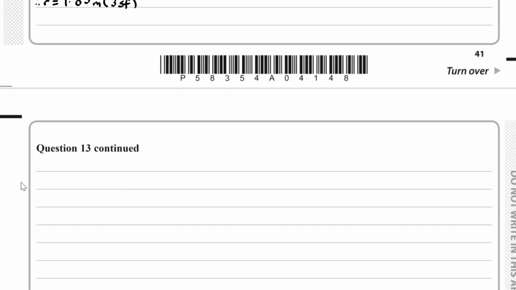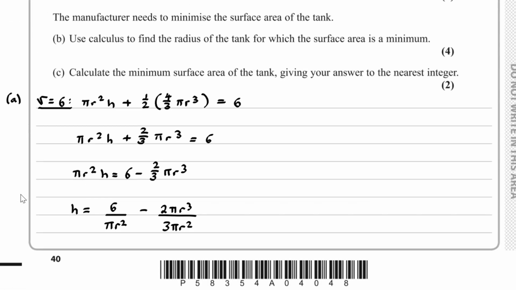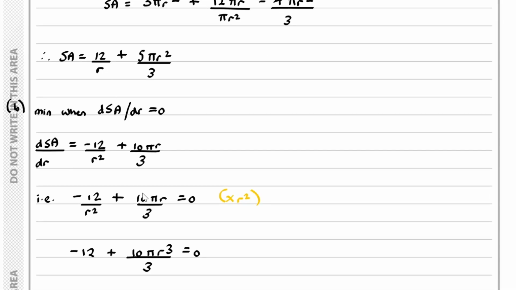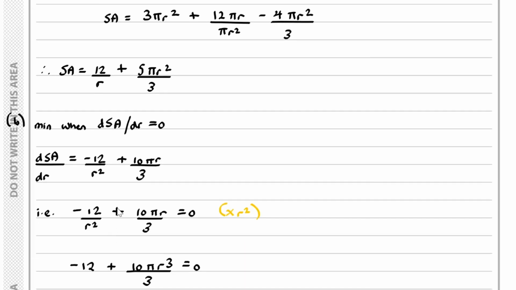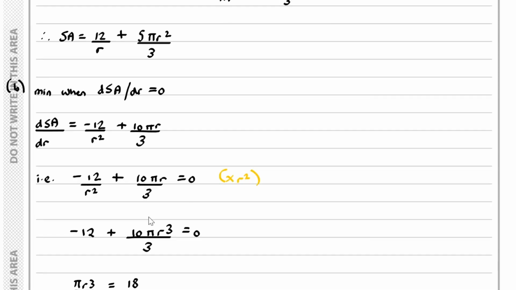Okay, so now for part C, we have to calculate the minimum surface area of the tank, giving the answer to the nearest integer. So the minimum radius, that's 1.05, etc. And all we have to do is substitute in to this over here.